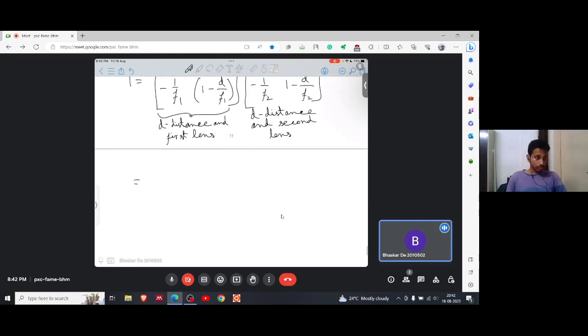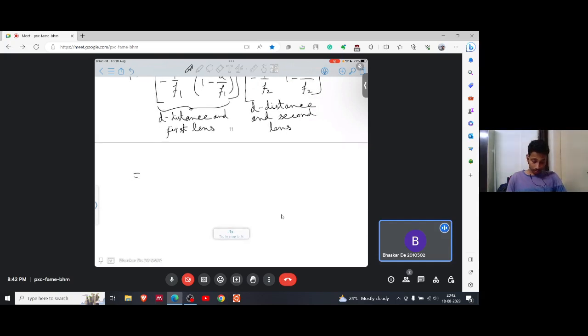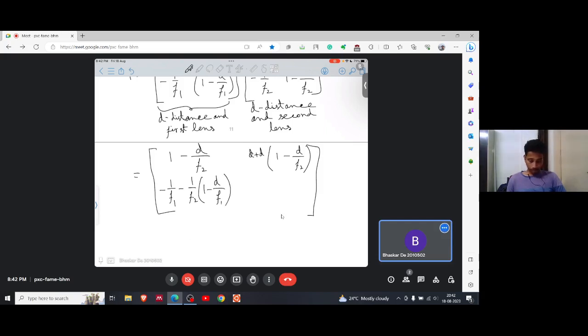So now if we multiply these two matrices, we will have a somewhat big matrix, but this is still 2 by 2: [[1 - d/f2 + d(-1/f1), d + d(1 - d/f2)], [-1/f1 - (1/f2)(1 - d/f1), (1 - d/f1)d + (1 - d/f2)]].